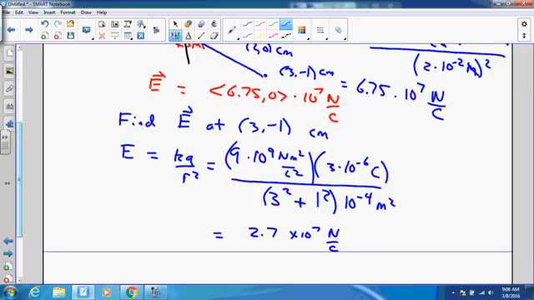That's our magnitude. What about components? Well, I can do this in one of two ways. One is I can find a direction angle and express this in polar form. So if I find the direction angle, then I would say theta is equal to the inverse tangent of y over x. And the y and the x are specified by the location.